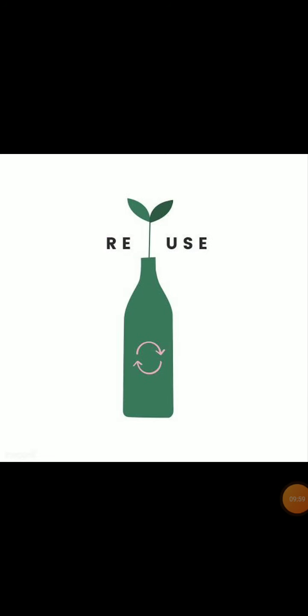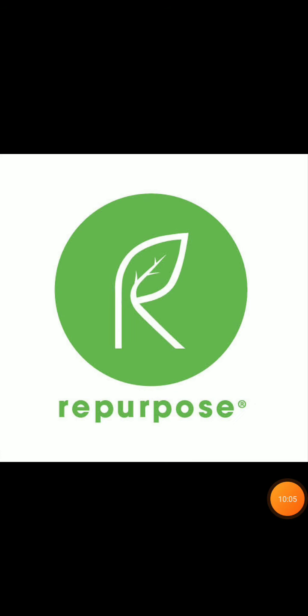Reuse means to use things again and again. Repurpose means that once a product has been used for its original purpose, we can think carefully and use it for some other useful purpose. So from the word itself you can remember repurpose.